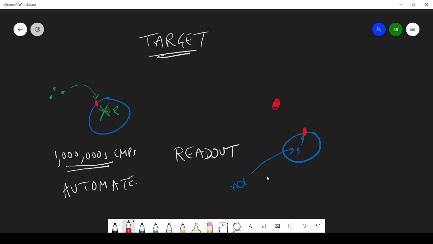So you've now got the cell producing the protein, and you might want to link this to some sort of fluorescent signal. Maybe what you do is engineer this protein so that when it is activated it produces some sort of fluorescent signal.